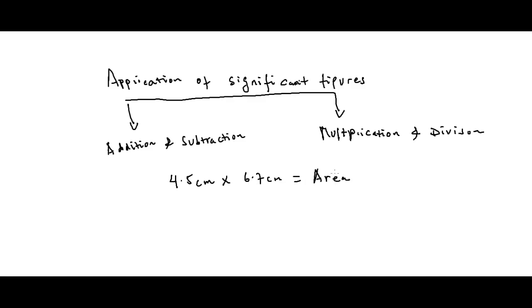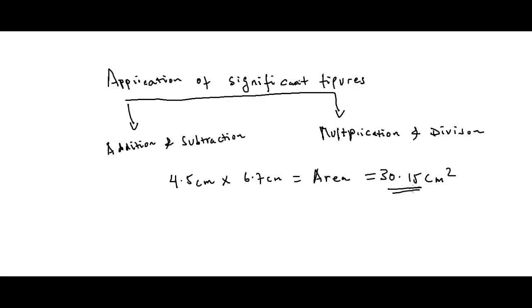I'm going to use my calculator here, and I would like to multiply 4.5 times 6.7. It's simple mathematics. The calculator display gives me 30.15 centimeter square.